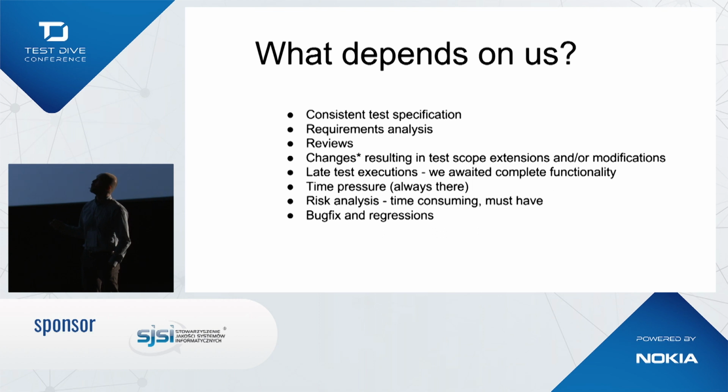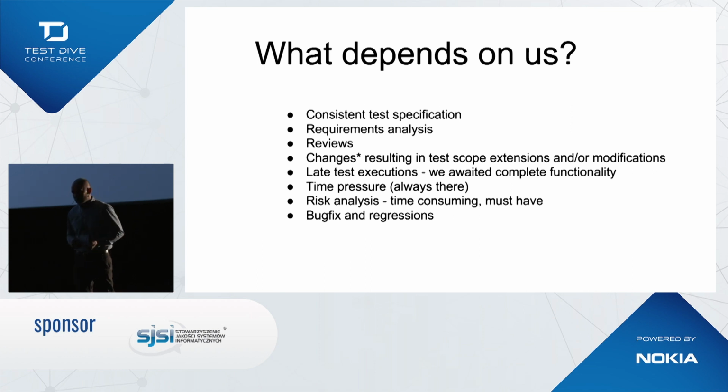Okay, can we somehow influence the changes that appear? Here is already something that we could do potentially. Also, for late test execution, because we have awaited complete functionality, maybe we can test it in pieces, in parts. Maybe. Okay, time pressure, we cannot influence it anyway.